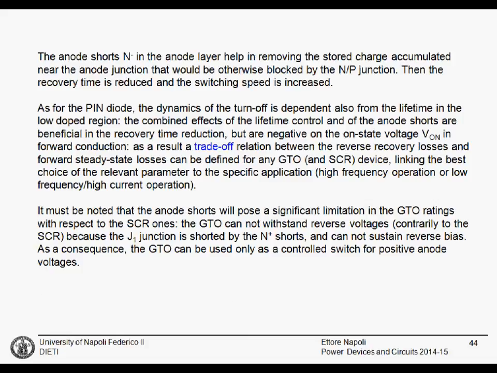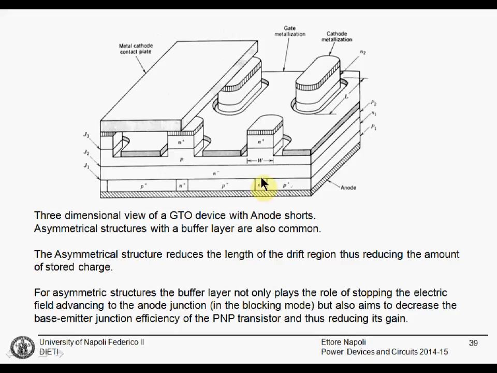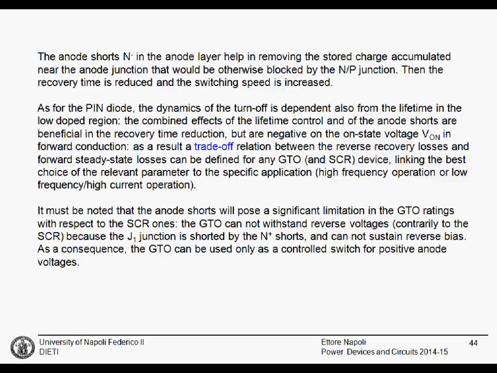The anode shorts that were not shown in the previous plot, but that were shown here, for example, will help in removing the storage charge accumulated near the anode junction that would otherwise be blocked by the NP junction. This will improve the switching speed and the reverse recovery.